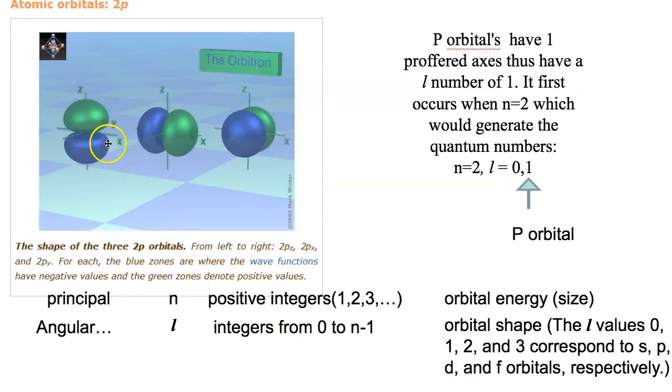Now notice p orbitals can't happen until you're in the second energy level. When n equals 2, then you can have L equals 0 and L equals 1. Only that has occurred. So the principal quantum number, n, index of size, tells you how many different types of shapes you have.